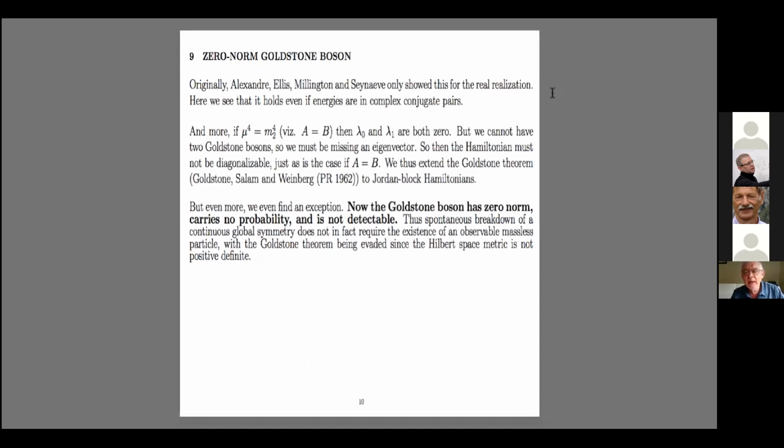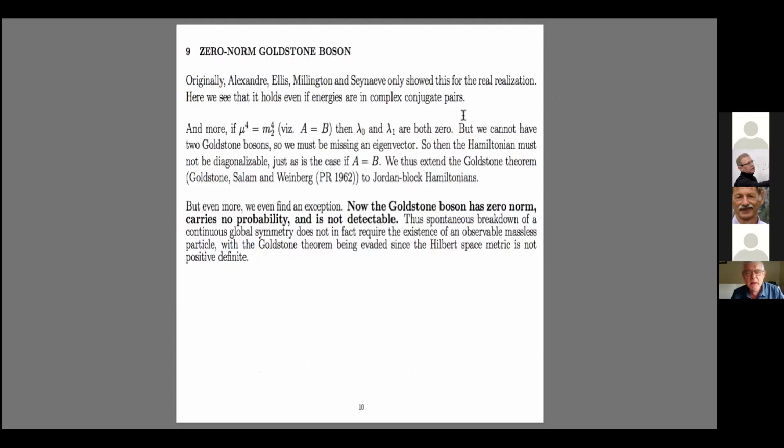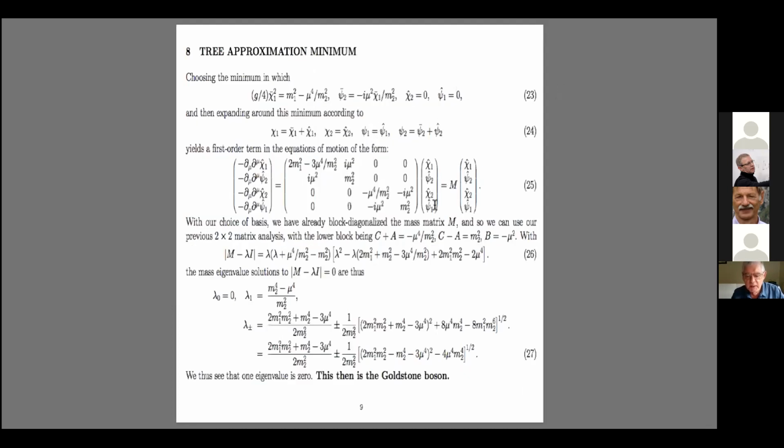However, in their paper, they only showed it for the real realization, namely where this square root function was real. And so they did not discuss the other cases, but now we can see it will also hold if we're in the complex conjugate pair solution, because making this square root function imaginary doesn't change lambda 0 equals 0.